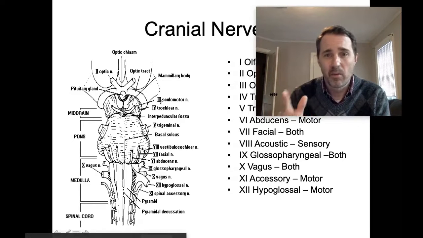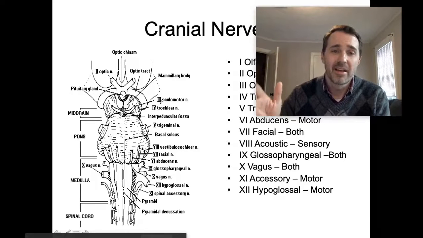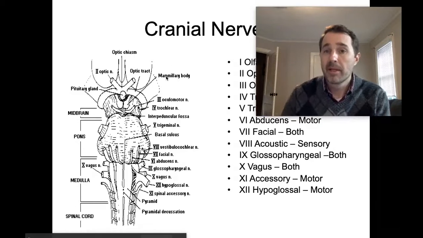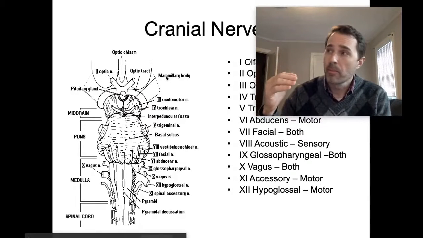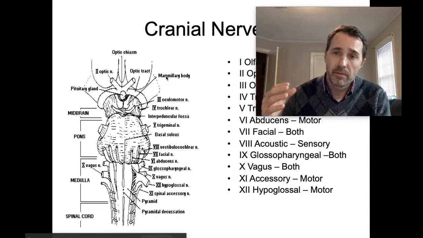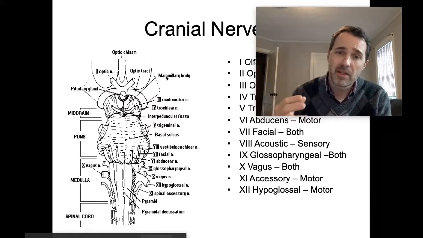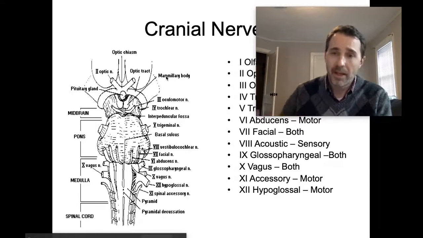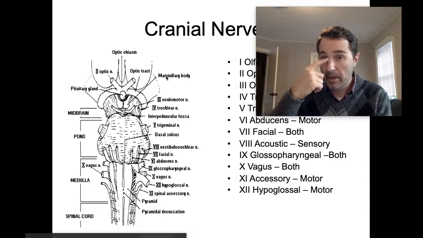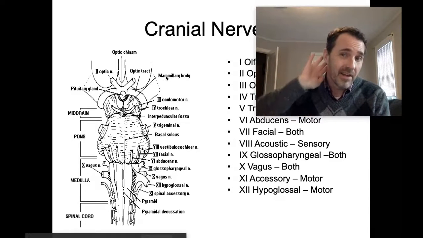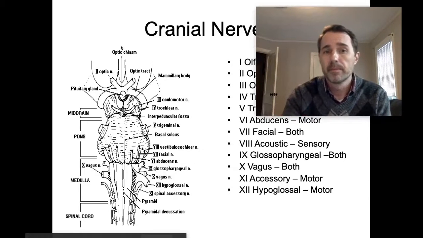They're given a Roman numeral to represent the order in which they connect to the brainstem from superior to inferior. Meaning the most superior cranial nerve to plug into the central nervous system is the olfactory. In fact, it's so superior, it runs straight from your nose, up under your frontal lobes. It doesn't even have to plug into the brainstem.